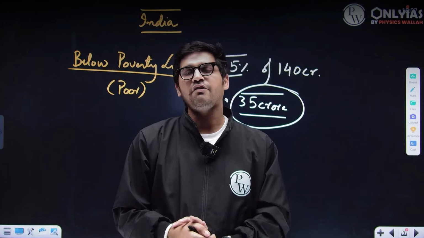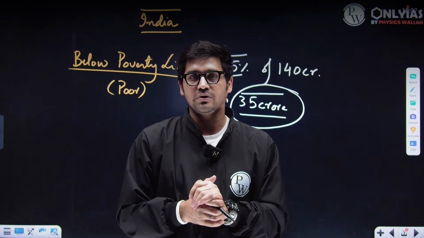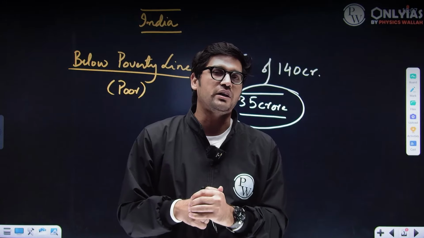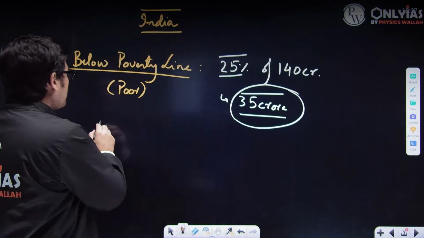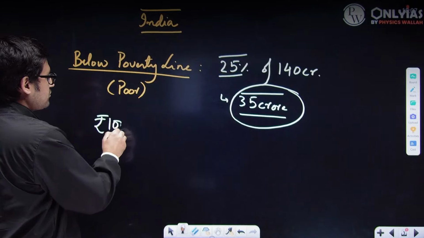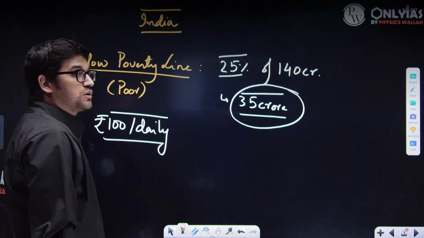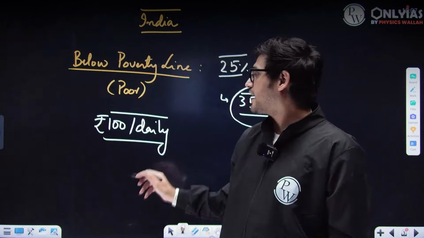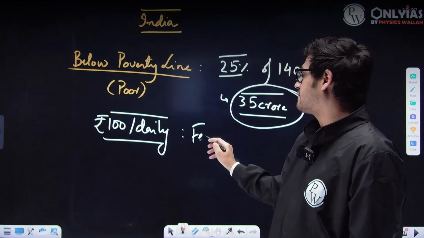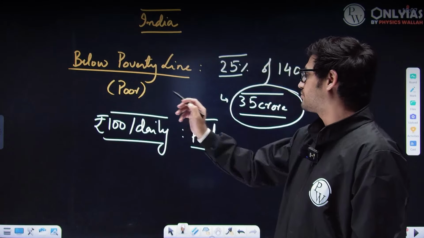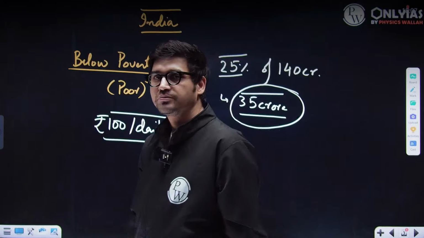Now, if we have to think of a scenario, which is, can the Indian government not give 100 rupees daily to the poor people so that they can go and feed themselves? Think of it.